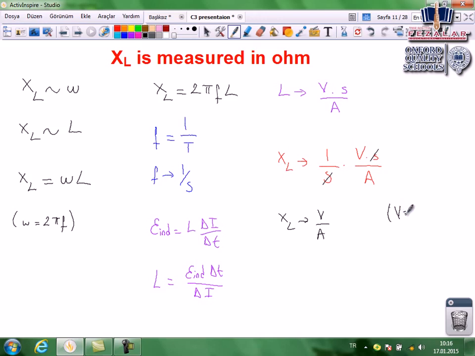Remember, voltage equals I times R. That means R is voltage over I. The unit of R is voltage over ampere. That means voltage over ampere is also the unit of resistance, and the unit of resistance, as you remember, is ohm. So we can say that XL is measured in ohm.